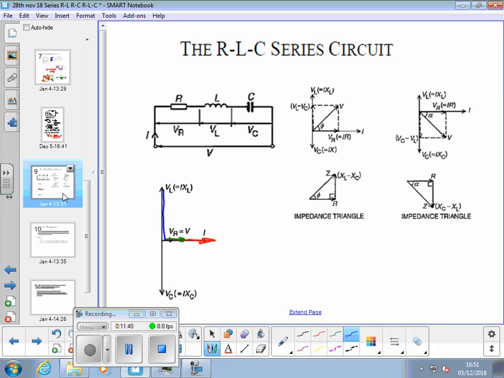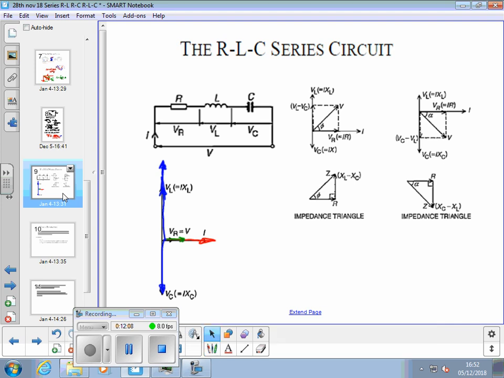VL vertically upwards. Right, I'm going to lengthen that line a little bit. Okay, and then we've got VC vertically downwards, but equally under some conditions VC could be the longer one, VL is shorter.